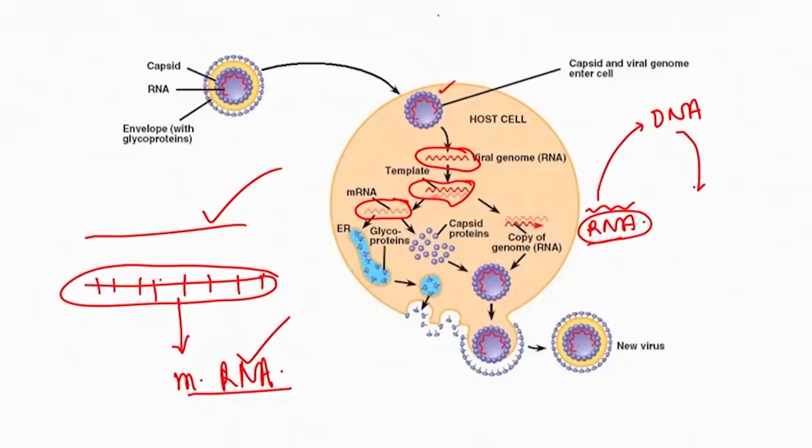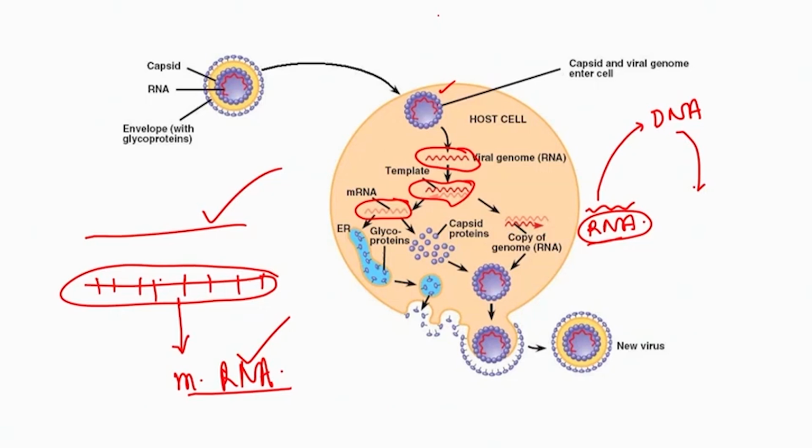It utilizes the host machinery, that means the DNA polymerase and the RNA polymerase, to make the mRNA corresponding to the virus, and then the mRNA synthesizes the proteins, the virus particle is generated and comes off from the cell.